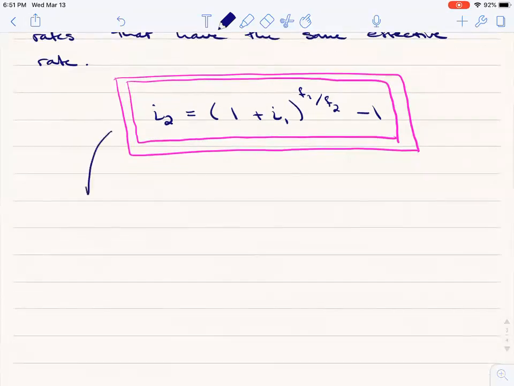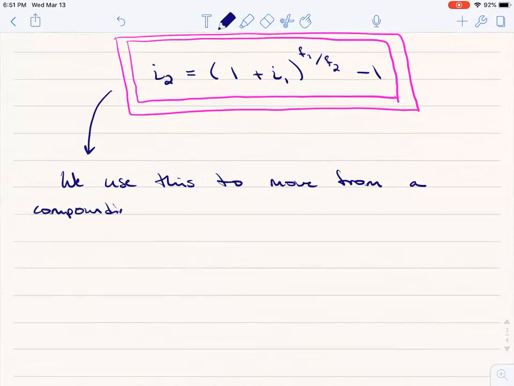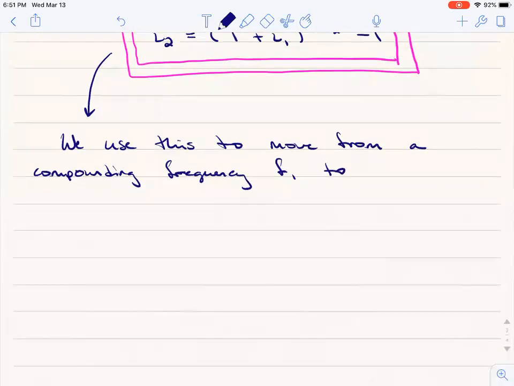So we use this to move from a compounding frequency F1 to a new compounding frequency F2, right?